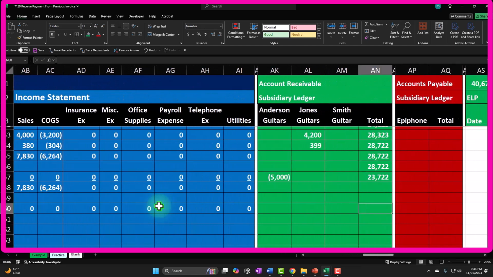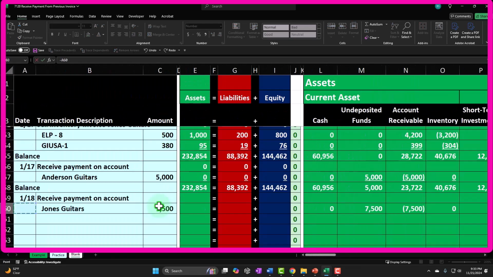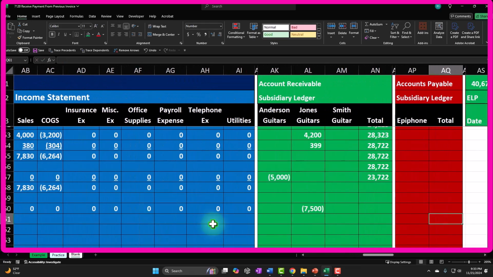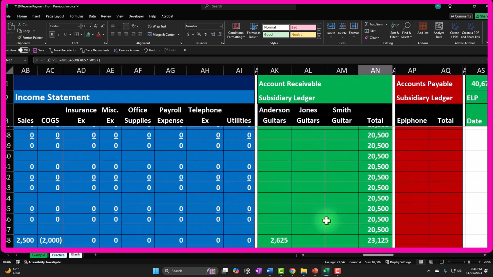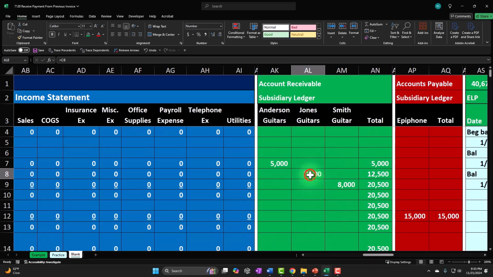In this case, in the prior period, we're in Jones Guitars. This is going to be negative of the payment received, $7,500, and then we'll copy down the good old balance. Boom. And so now we had invoiced $7,500.